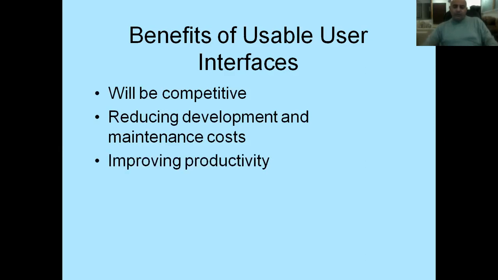Improving productivity is very important. If I do something for people and it is user-friendly, the productivity increases, which means they produce more of the results which we hope for from this application.